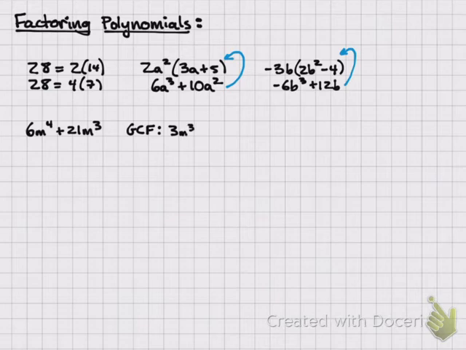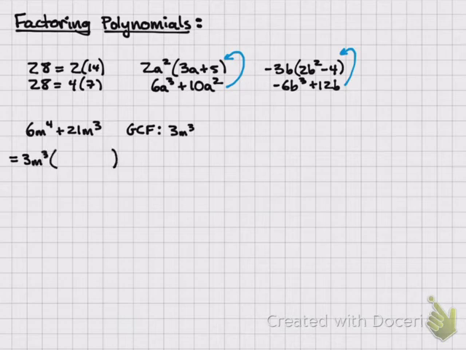That means we can multiply 3m to the third by something and get 6m to the fourth. Maybe you can figure that out in your head. We can also multiply 3m to the third by something and get 21m to the third. So what that means is that we can rewrite this polynomial right here as 3m to the third power times something.